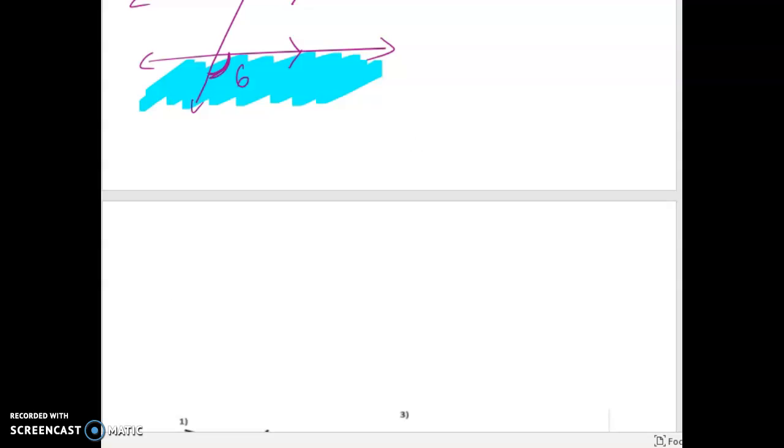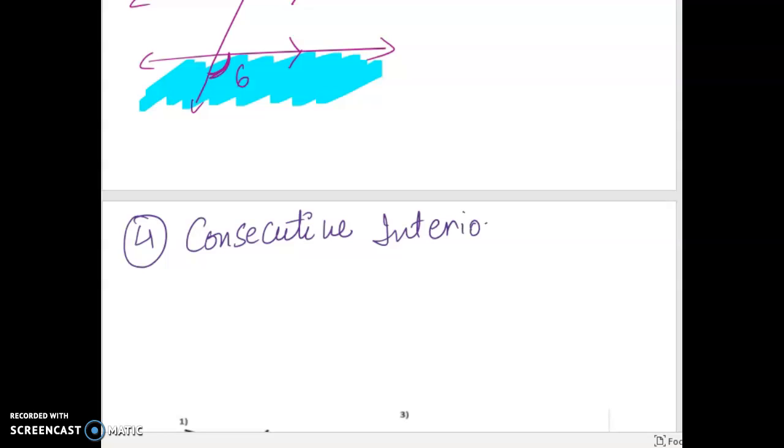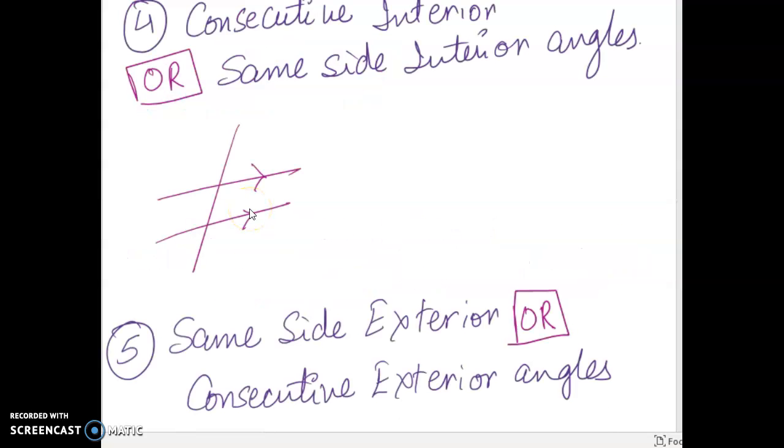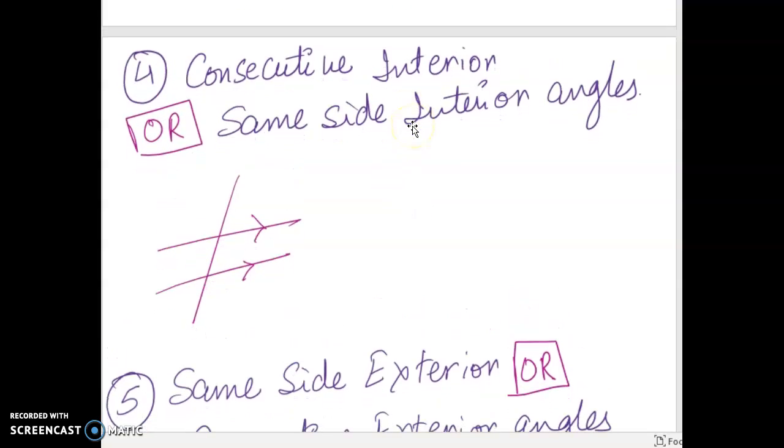Okay, so number 4, consecutive interior, and sometimes it is also called same side interior. So consecutive interior is also known as same side interior.